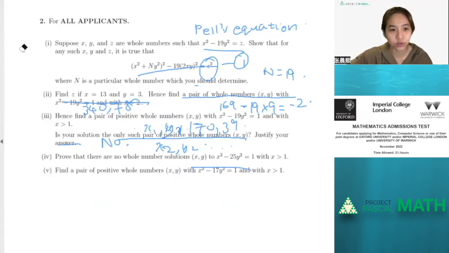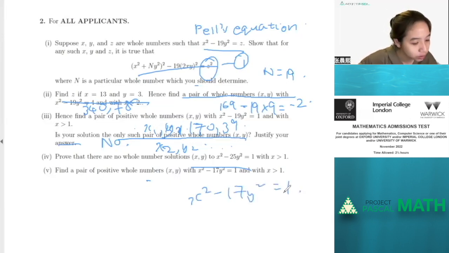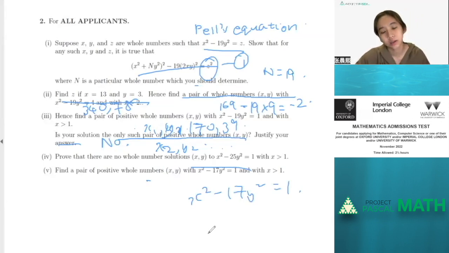Okay, here they just want you to find one positive number that works. So x squared minus 17y squared equals 1.